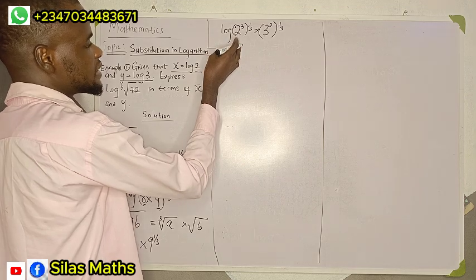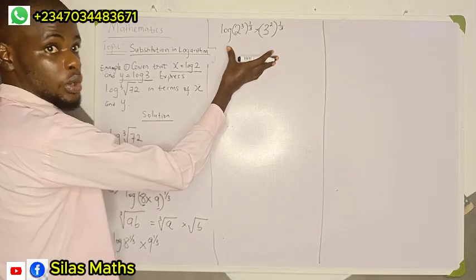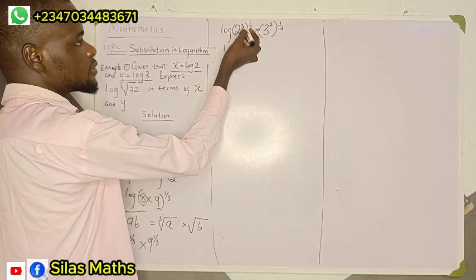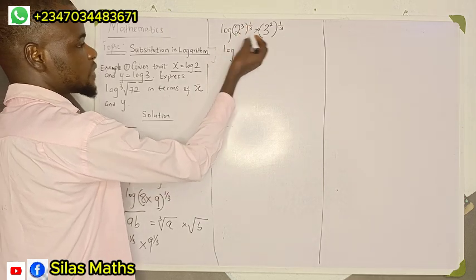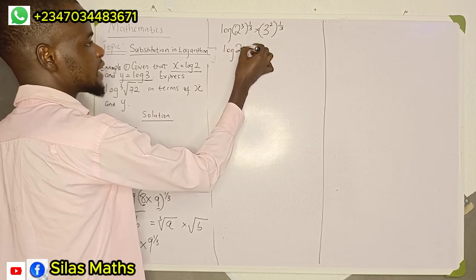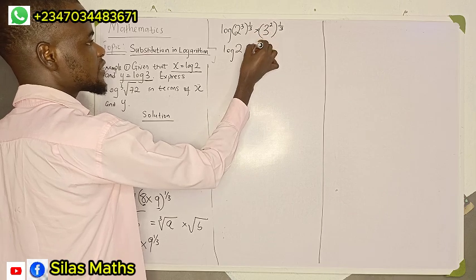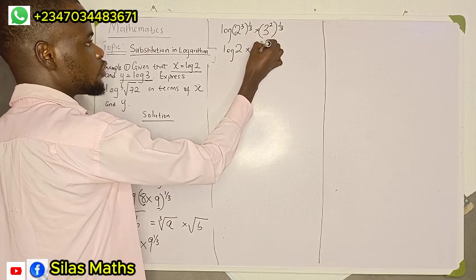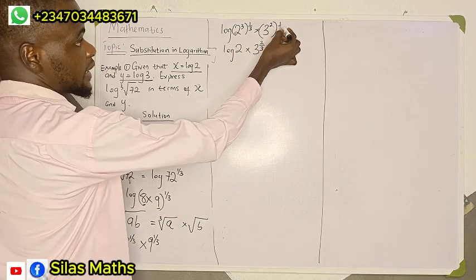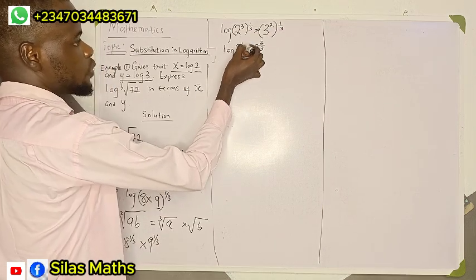Remember, this is just a single log. So that will give me log of 2, since these two powers multiply, times 3 to the power of 2 over 3. Yes, 2 over 3, because 3 multiplied by 1 over 3 gives me 1.